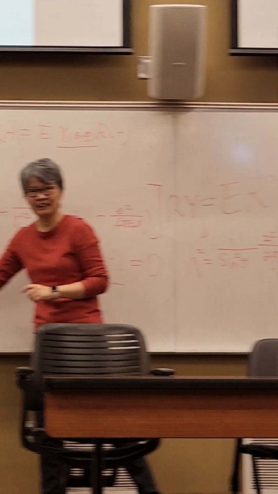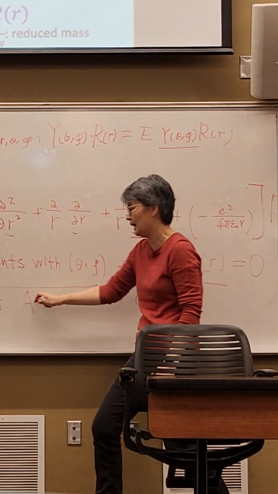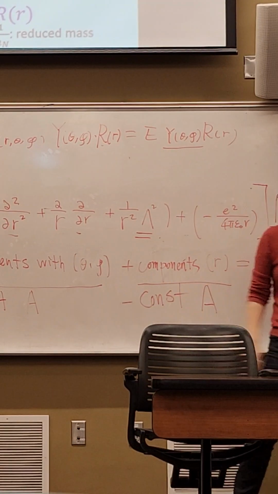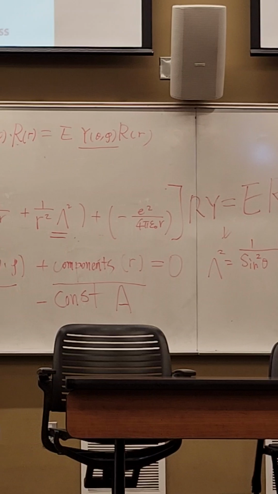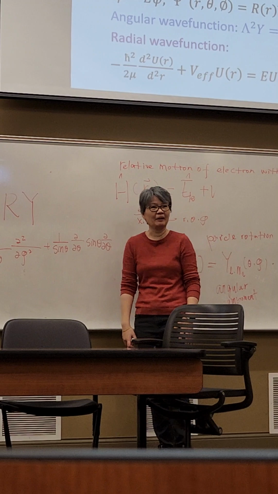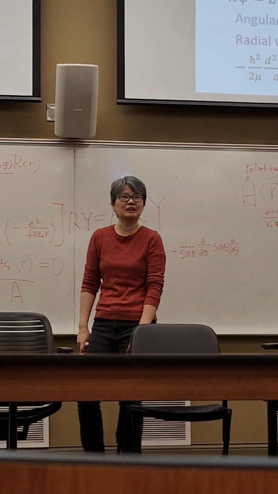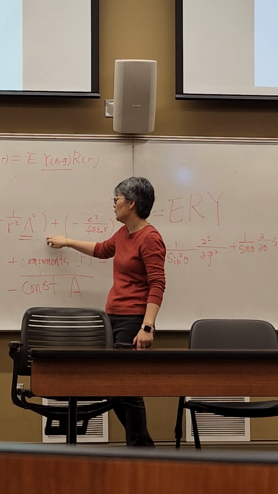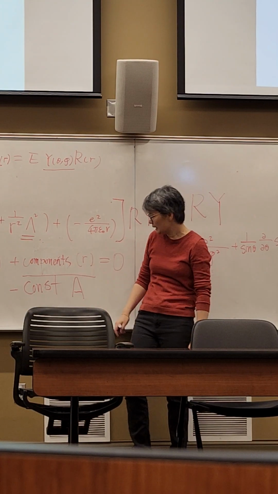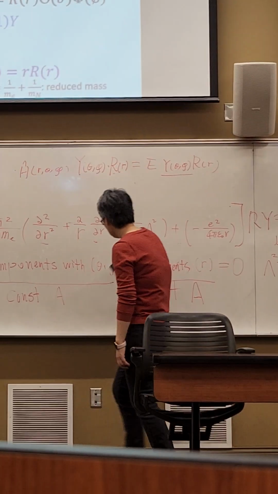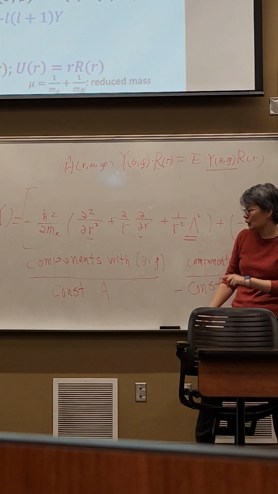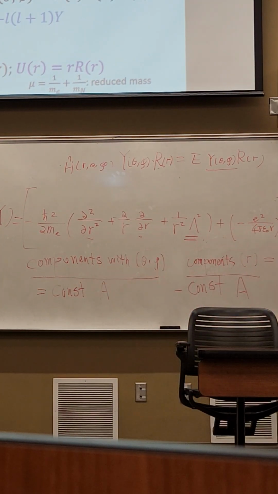Whatever this constant is, let's just say this equals a constant A. This has to be negative constant A. All right, we are almost there. Gives me goosebumps with how elegant the math can be. Now, instead of one equation carrying 3 variables, what we just successfully did is split that equation into 2 equations, right?